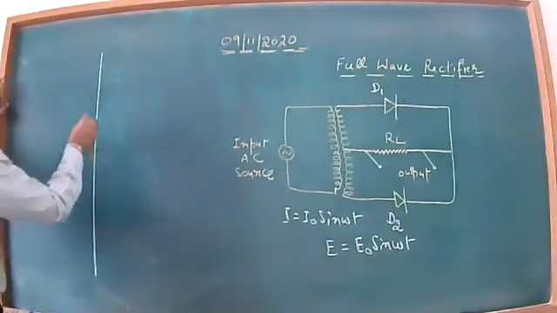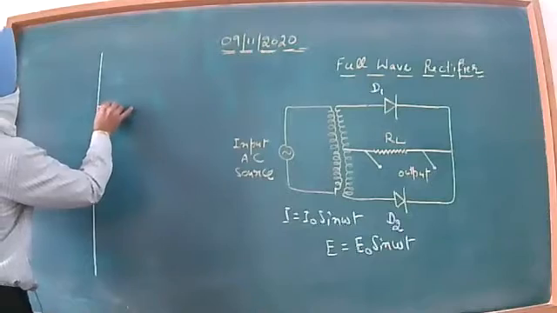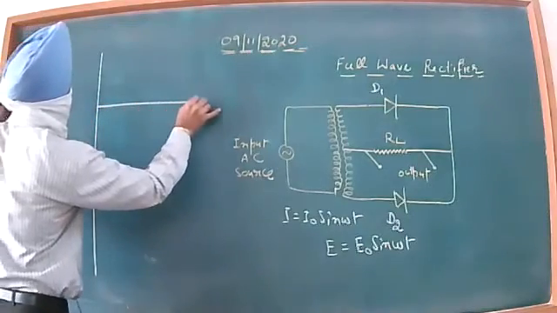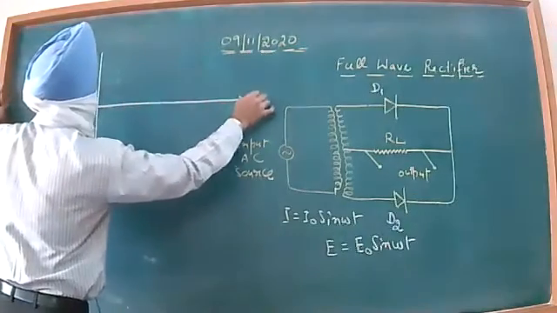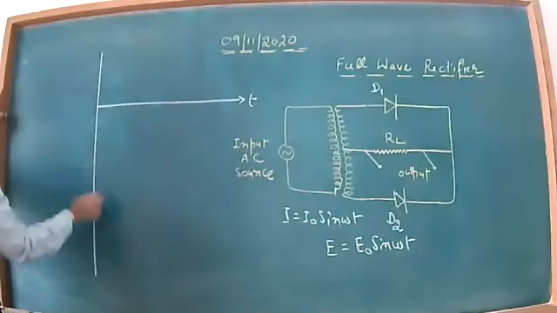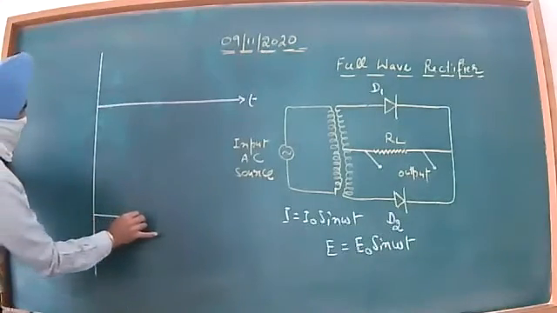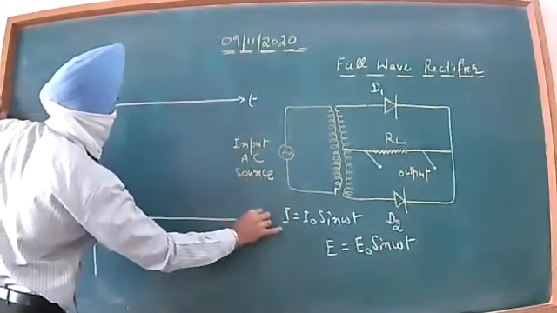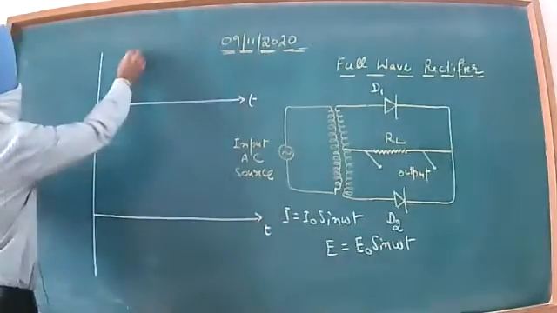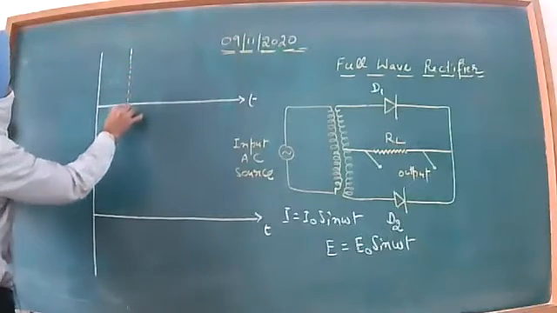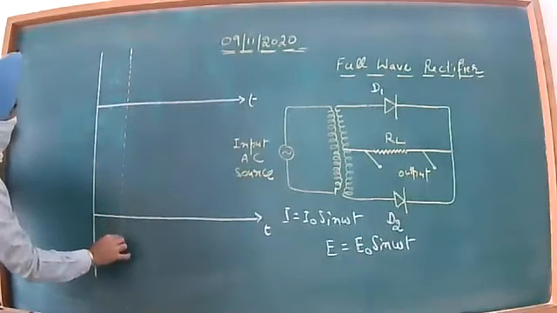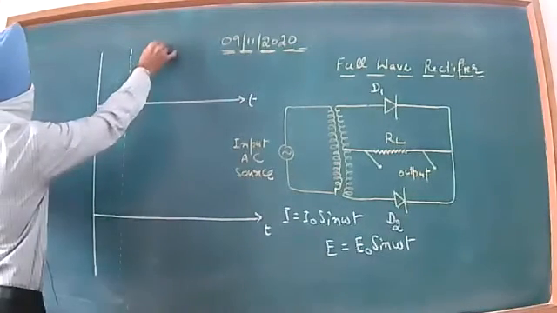Now, imagine we have taken time along these axes, that is x-axis, both for input as well as for output beta, and we divide it into these small sections.